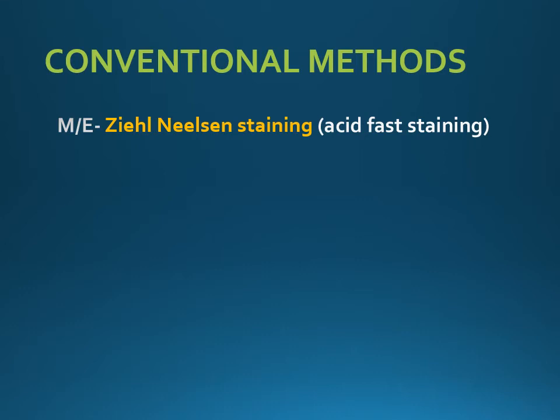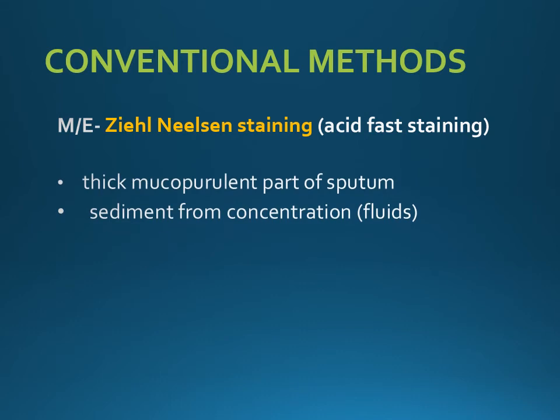The most important is the staining technique. We do ZN staining, that is Ziehl-Neelsen staining, which is an acid fast staining. In this we take the thick mucopurulent part of the sputum.